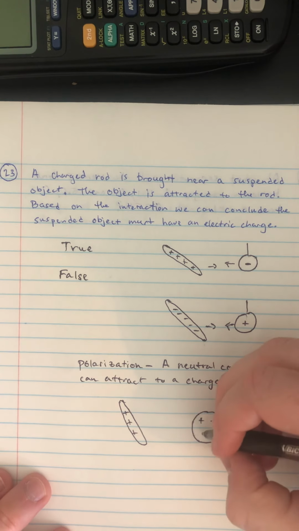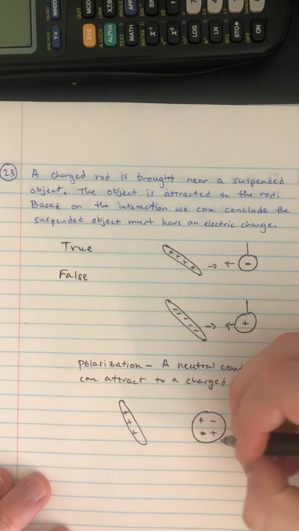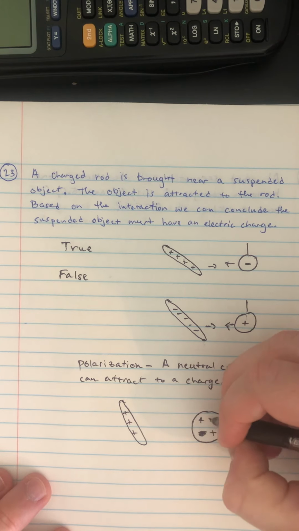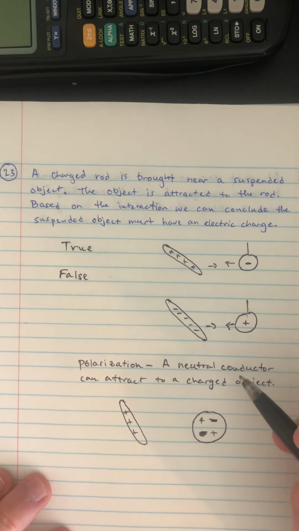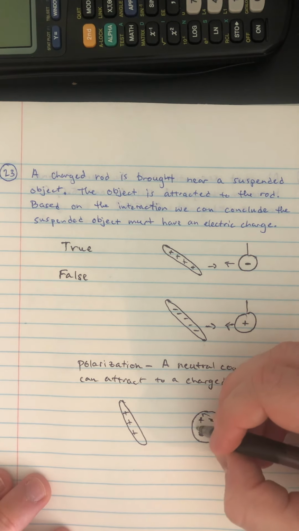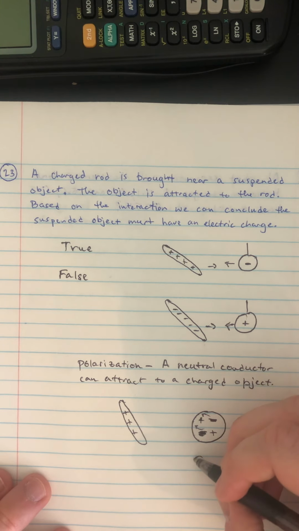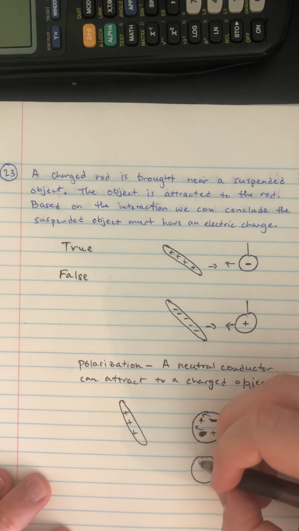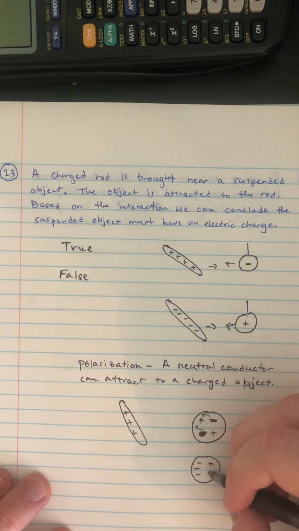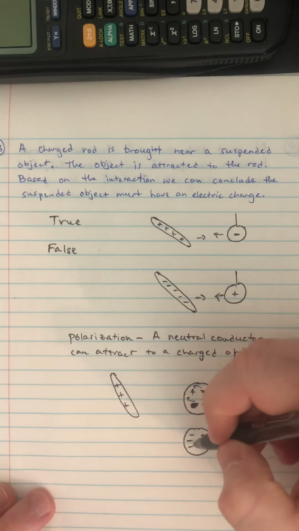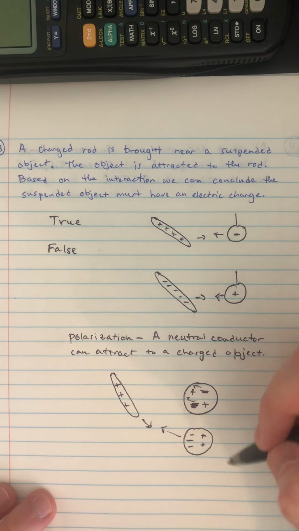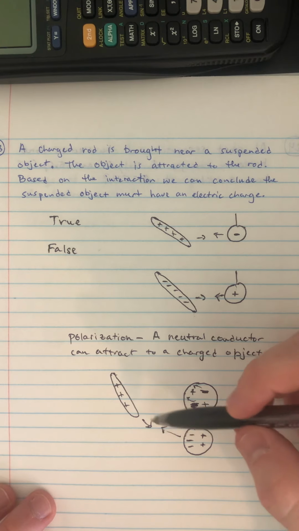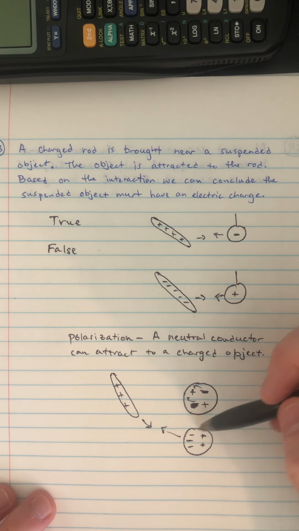So positive, negative, negative, positive, right? So this was neutral because it has the same amount of positives as negatives. If it's a conductor, these electrons can shift over and we end up with something that looks like this, where the negatives are all on one side, right? Positives end up on the other side. And because the negatives have shifted over, these now attract, right? And the converse is true for negative charges, right? If this was negative, the electrons would move to the other side.